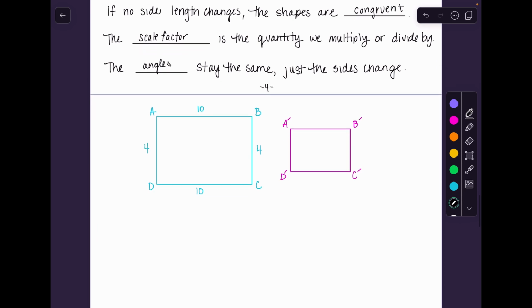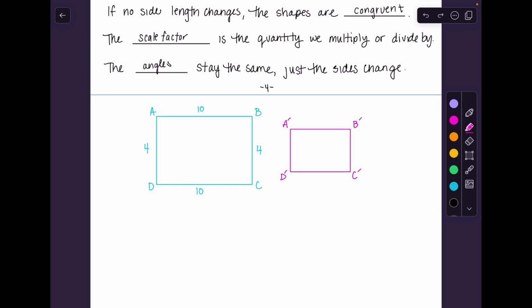So I'm going to look at an example here where we've got this rectangle ABCD. It's a rectangle, so the sides across from each other should be exactly the same. So these two sides are 10, the other two sides are 4. Okay. What I'm going to do is use a scale factor of 1/2 to get my smaller rectangle.